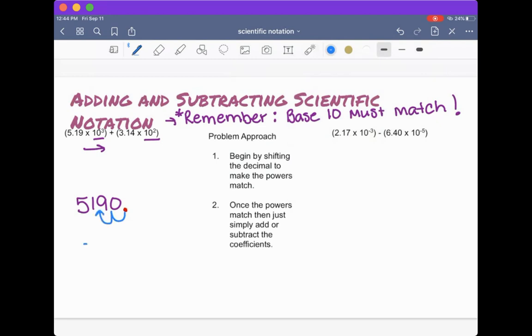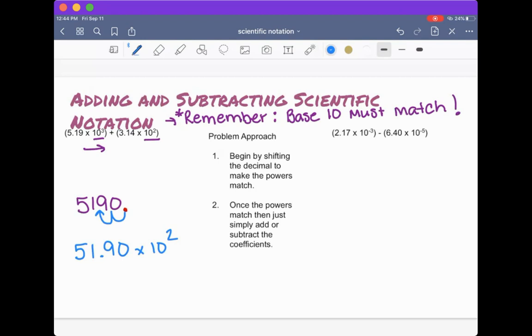When I do that, I'm going to have 51.9 times 10 to the 2. Now, I know this does not meet the standard for being in scientific notation, because in order to be scientific notation, you're only allowed to have one number before the decimal place. I know that. So it's not in the correct scientific notation, but in order to be able to add the values, it needs to have matching base tens.